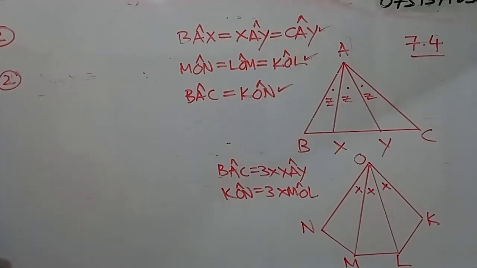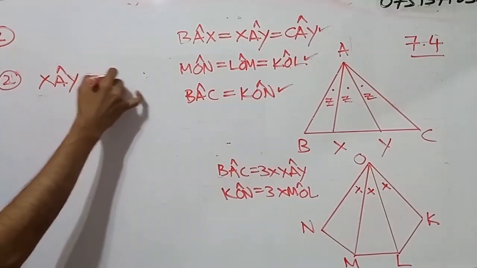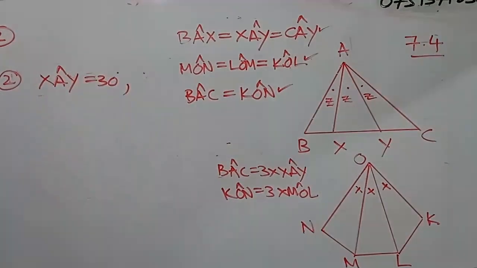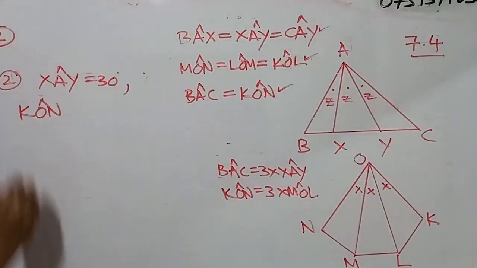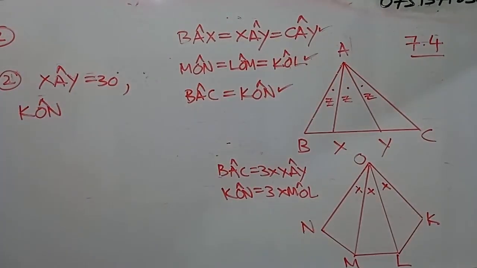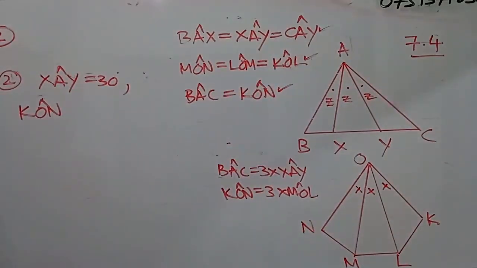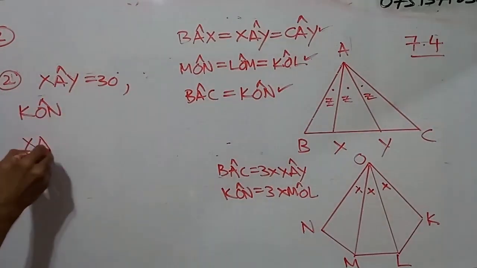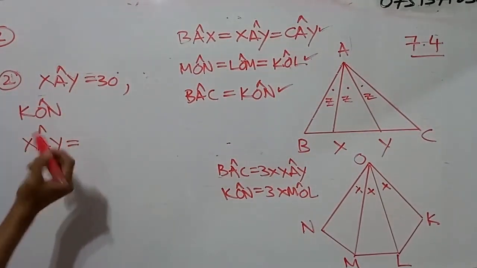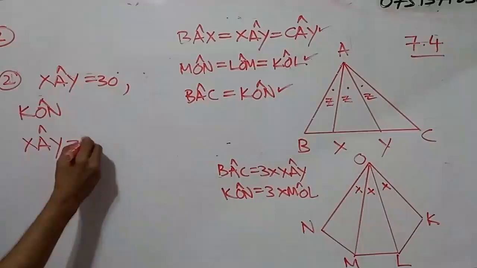If XAY is 30 degrees, then we have to determine the magnitude of KON. So where is XAY? That is one of the angles inside the ABC triangle. Just a little bit before, we proved that XAY is equal to MOL.